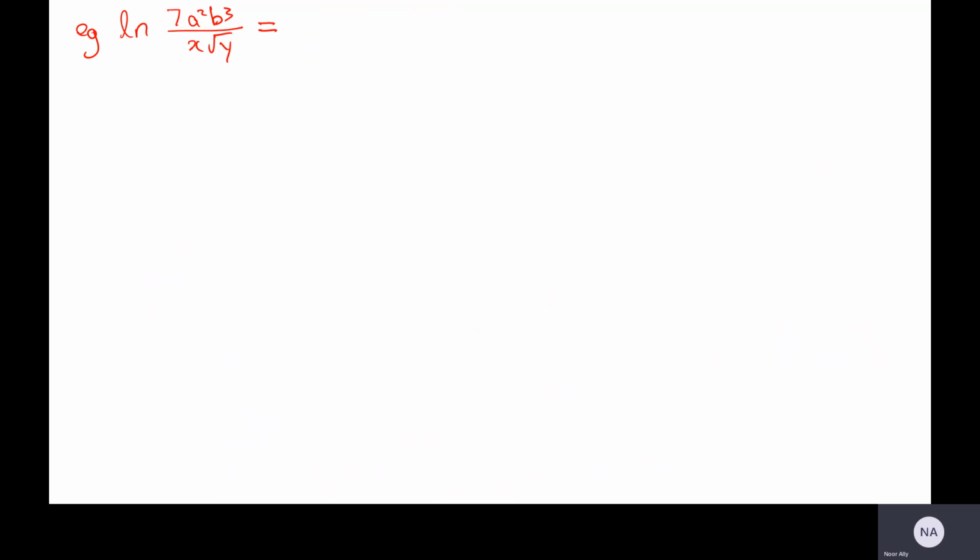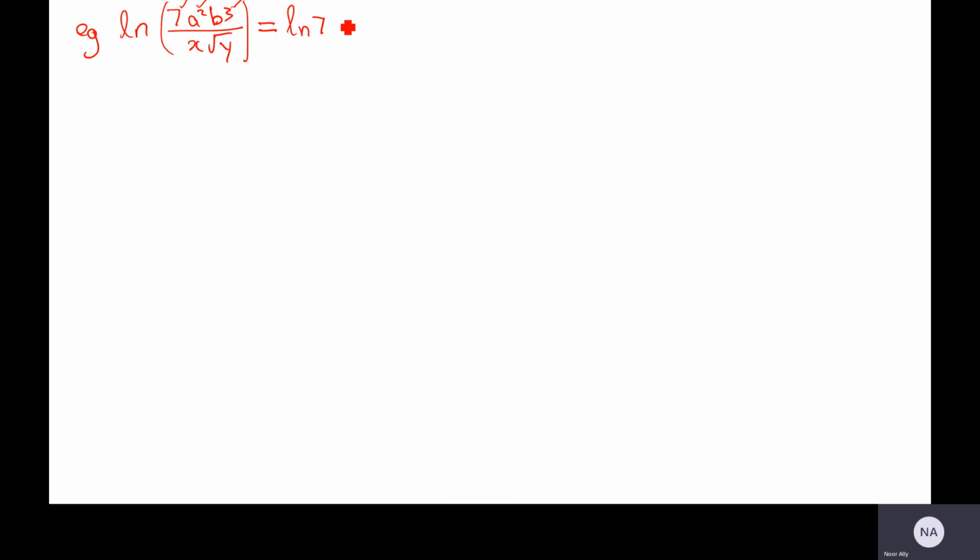Now I want to write that as separate logarithms. It would be useful, and many times it's placed in brackets. So in the numerator, those are all factors. They must all have a positive sign. It will be the ln of 7, because 7 is a number and it's a factor by itself. So don't group it together with the a squared, separate it.